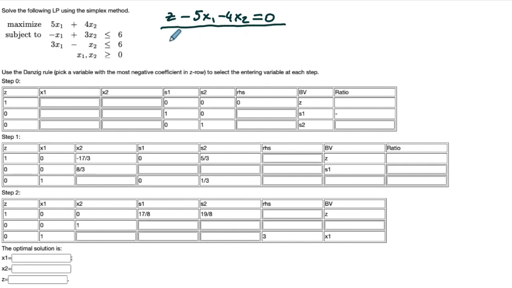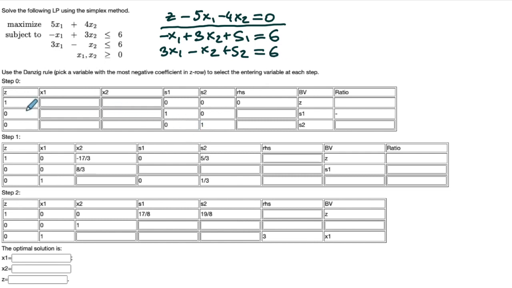Then the first row we convert into equality by adding a slack variable s1, and this is equal to 6. For the third constraint, we also add a slack variable. We'll have 3x1 minus x2 plus s2 is 6.